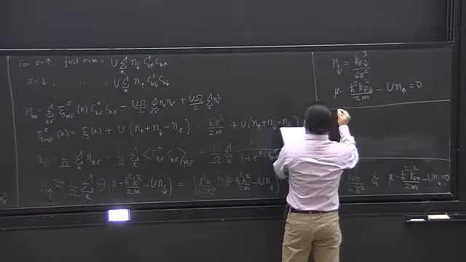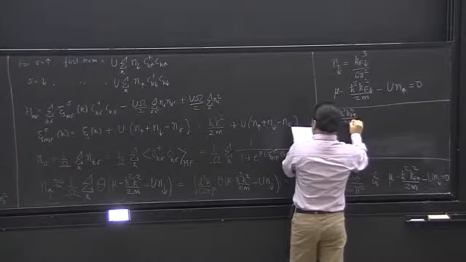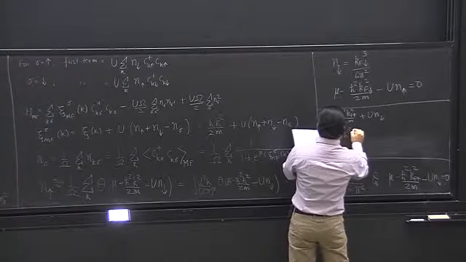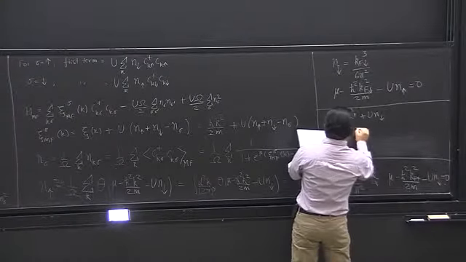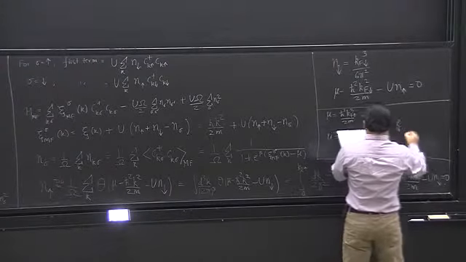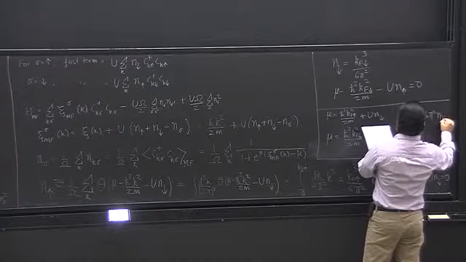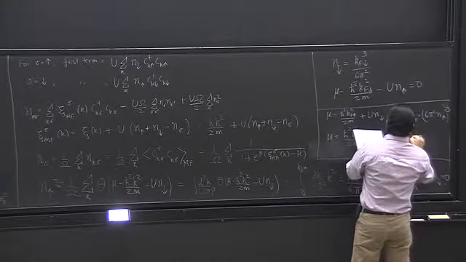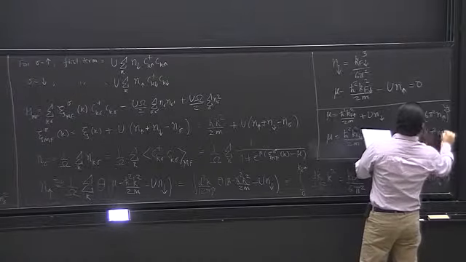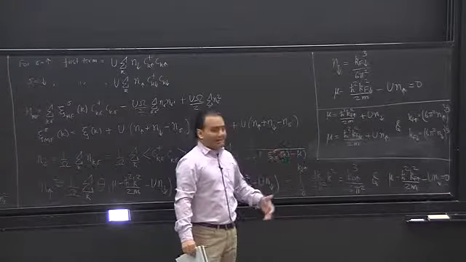So essentially, I'll summarize what we have really done. We saw earlier when we defined Fermi wave vectors, you can always write this wave vector in terms of electron density.